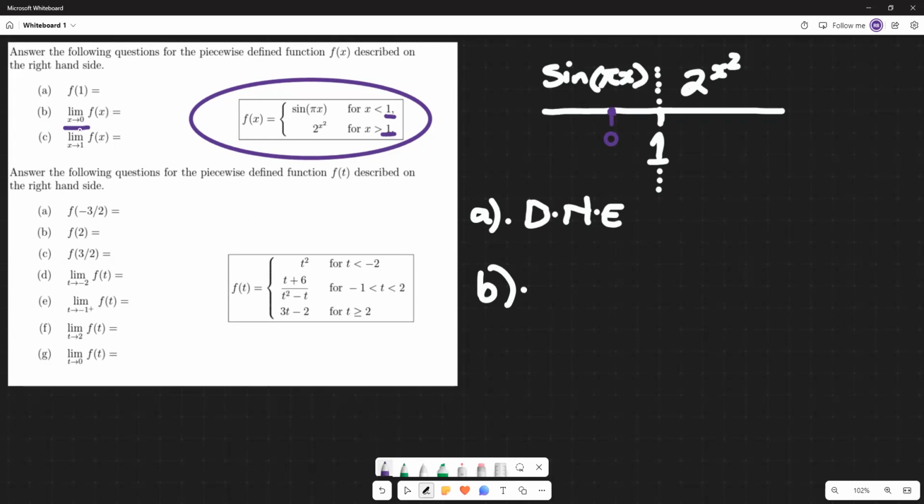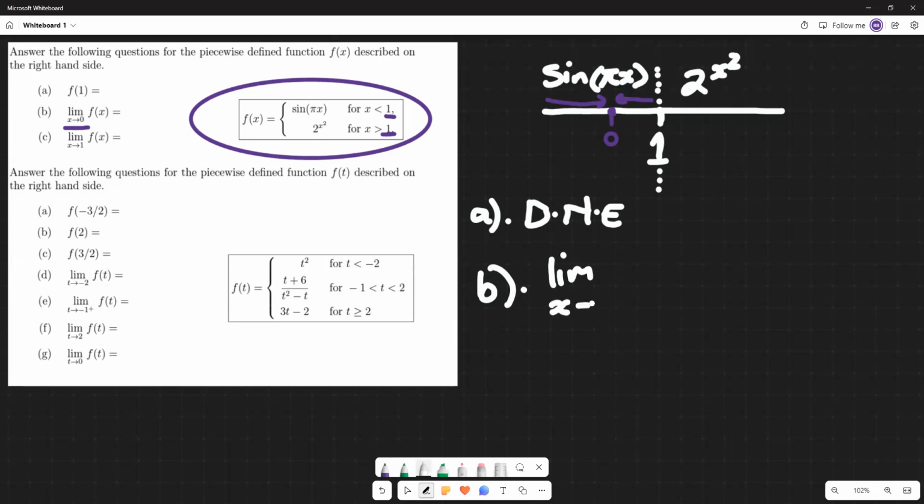By partial limits, I mean the limit from the left and the limit from the right must be the same. Because 0 is here, as I'm moving from the right, approaching 0, I'm approaching this function. Also, as I'm moving from the left, approaching 0, I'm approaching that function.